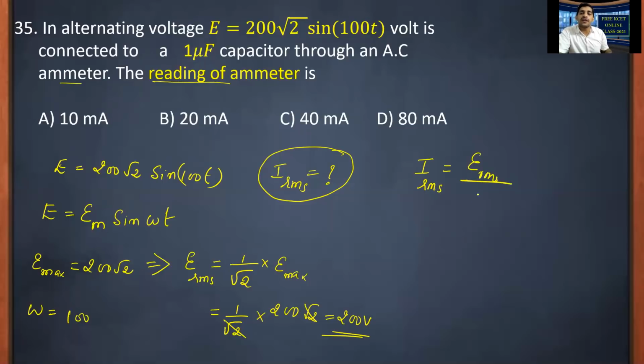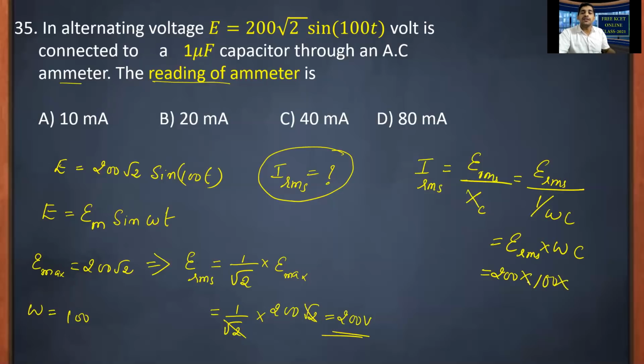It is a capacitive circuit, so the capacitive reactance XC is 1 by omega C. So IRMS is ERMS divided by 1 by omega C, which is ERMS into omega C. That is 200 into omega, which is 100, into C, which is given to be 10 to the power minus 6.